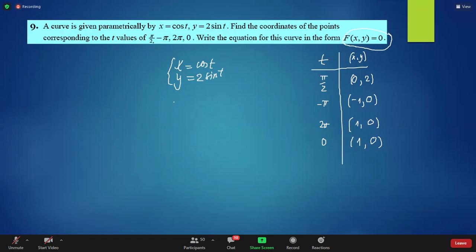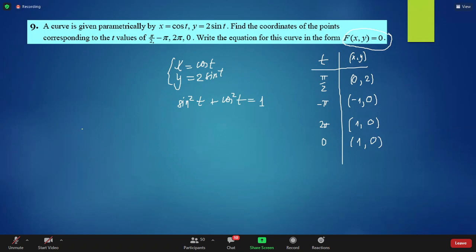So we will not use inverse trigonometric functions, but we just remember that sine squared of t plus cosine squared of t equals 1 for any values of t. Whatever t is, no matter what we think, no matter what we want, the sum of the squares of sine and cosine is 1.